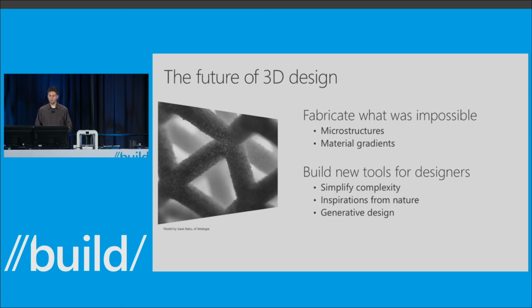And what this means is that we've also never been able to design these before, because what's the point of designing a part that's not possible to make? We have all kinds of amazing CAD tools that exist, but they're actually not made for this kind of thing. So we now have this huge opportunity for the developers to think about, what can we do to enable designers to take advantage of what 3D printers can now do? We need tools that simplify this immense complexity.